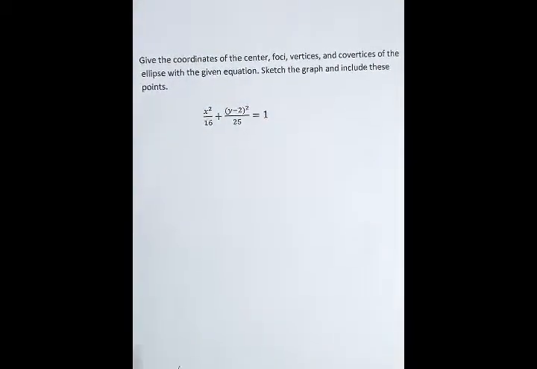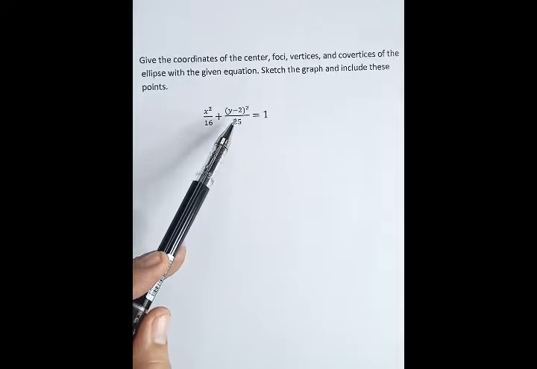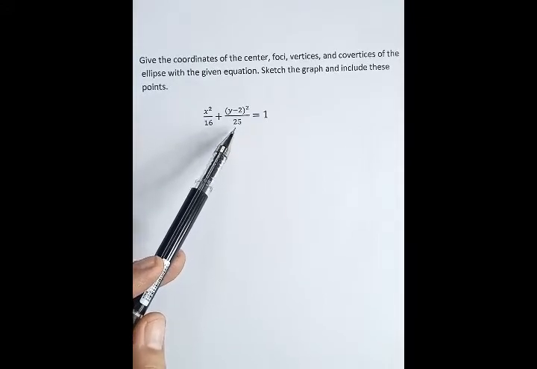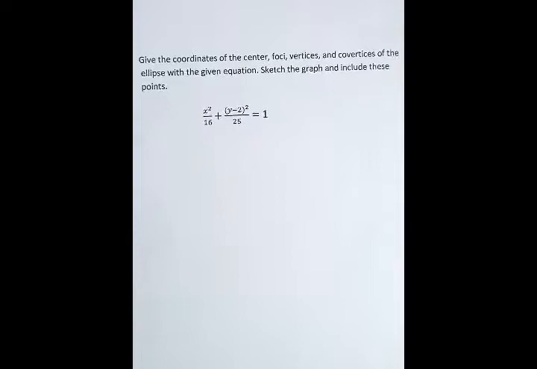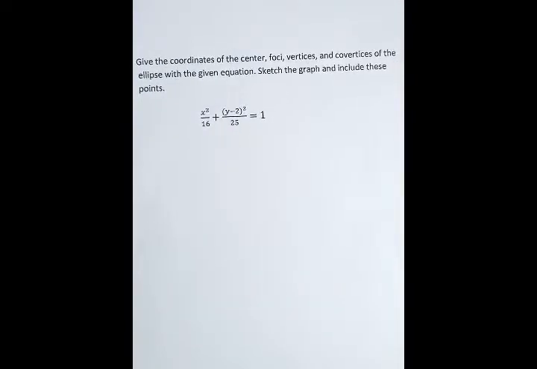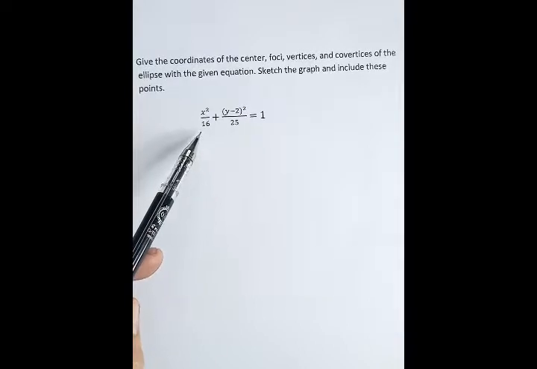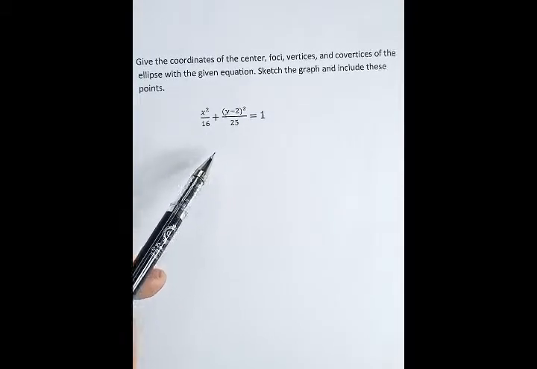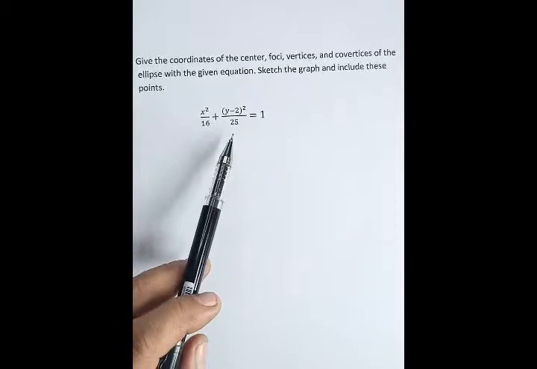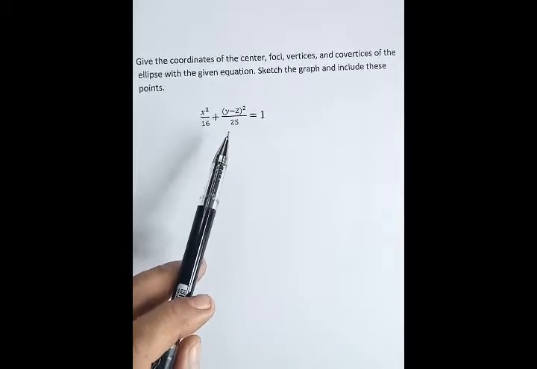For our next example, we're given the ellipse x squared over 16 plus y minus 2 squared over 25 is equal to 1. So the question now is, where are our a squared and b squared? Take note, the bigger value will be our a squared.